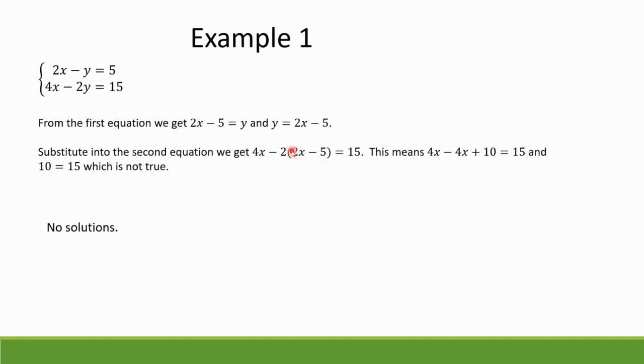Now, when you carry out this distribution, order of operations, you're going to have 4x minus 4x plus 10 equals 15. Of course, the 4x's cancel, but watch what happens. You get 10 equals 15. You could subtract 10 from both sides and get 0 equals 5.